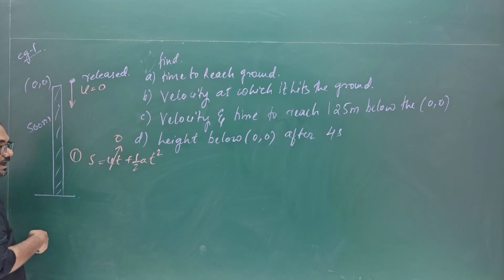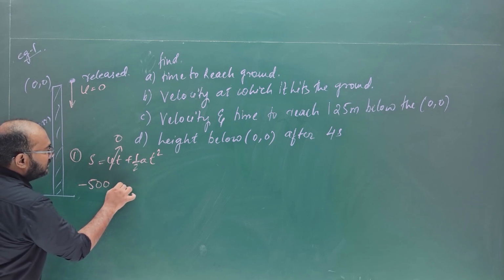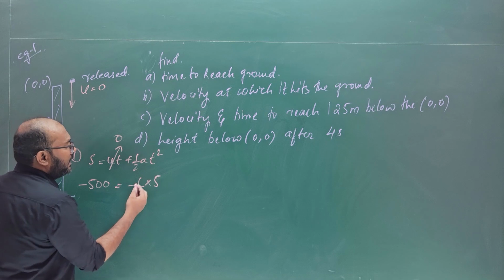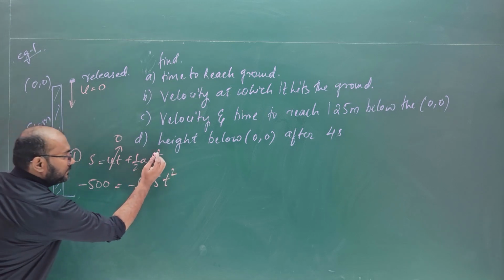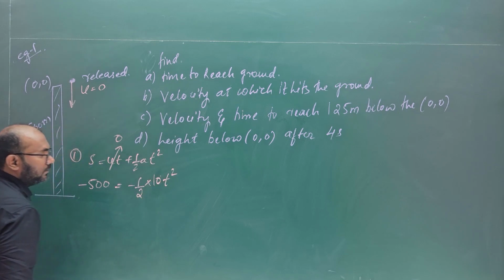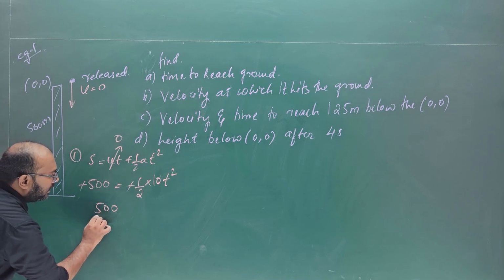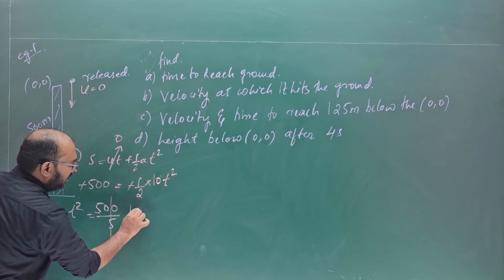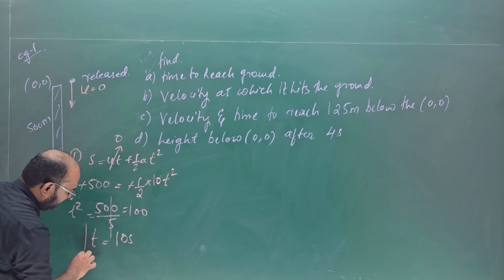s was below the height, so that should be taken as negative. So minus 500 equals minus half into 10 into t square. Oh, sorry, the half and 10 make 5. The negatives cancel, so 500 upon 5 equals t square, which is 100, so t equals 10 seconds.